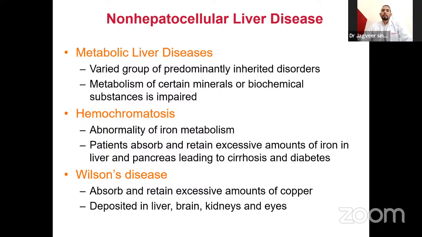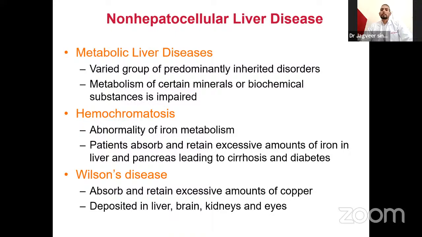Some metabolic liver diseases also occur. Whenever the metabolism of some minerals or biochemical substances is affected, this type of disease occurs. The first disease is hemochromatosis. In this, an abnormality of iron metabolism occurs, and that will lead to deposition of iron in excessive amounts in the hepatocytes, which will lead to cirrhosis in the liver.